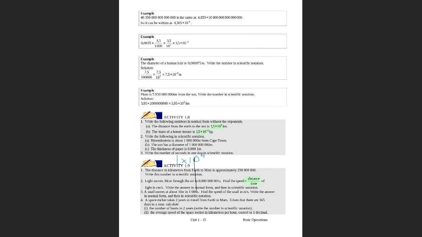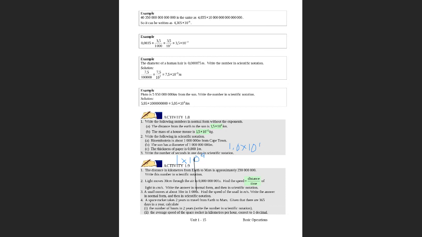So it's going 1, 2, 3, 4. It will be 1,0 times 10 to the power 1 times 10.